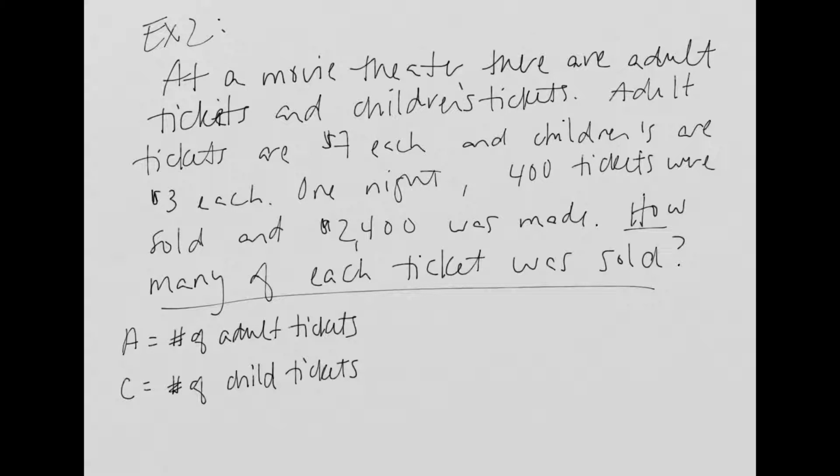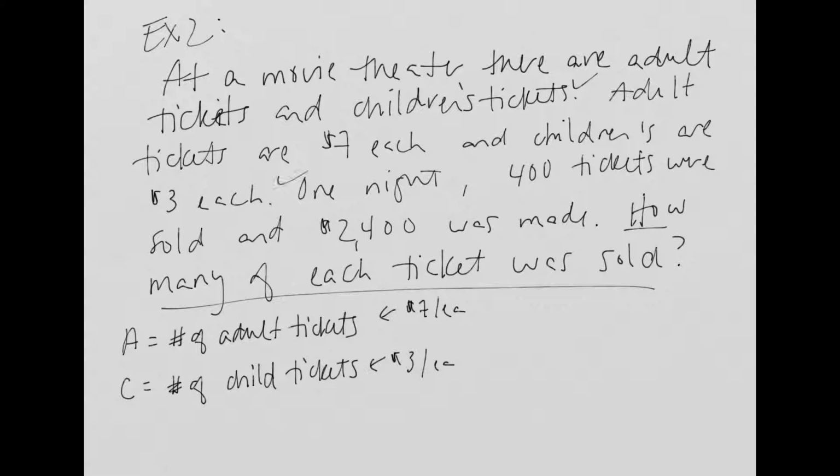Now let's go through here and let's try to figure out some equations. So at a movie theater, there are adult tickets and children's tickets. That first sentence doesn't really help us out any, but we've already read through it. Next, adult tickets are $7 each and children's are $3 each. And that isn't an equation, but that is a piece of information. We know that these tickets are $7 each, and we know that these tickets are $3 each.